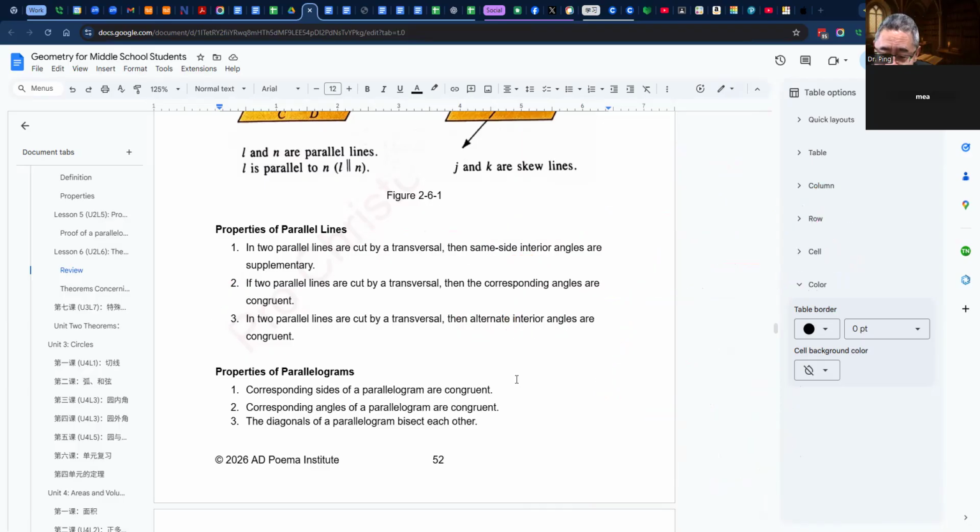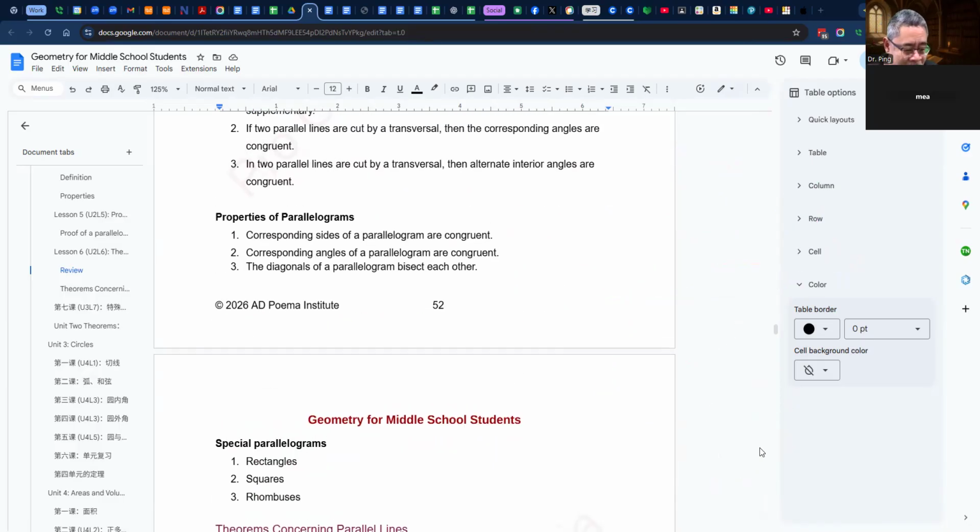Okay, so then we're looking at the properties of a parallelogram. What we learned early on is that the definition of a parallelogram is that the opposite sides are parallel. This side is parallel to this side, and this is parallel to that, so the two pairs are parallel to each other, and that's why we call it a parallelogram. The first property is that the opposite sides of a parallelogram are congruent.